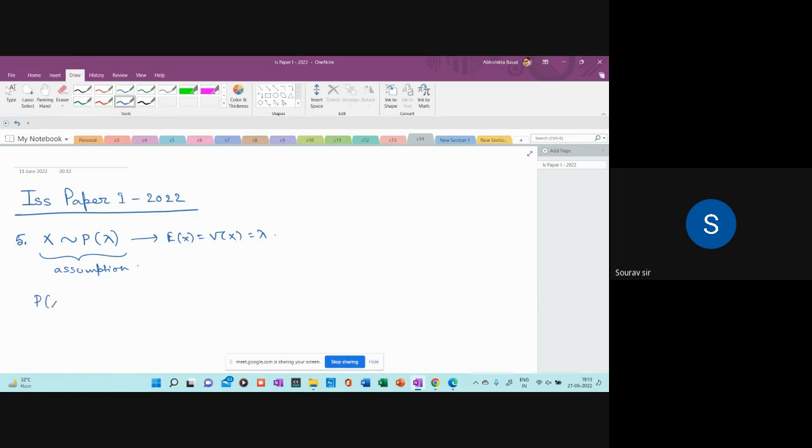is probability x equals 1 is equal to probability x equals 2. So we are going to solve e to the power minus lambda, lambda to the power 1 by 1 factorial is equal to e to the power minus lambda, lambda square by 2 factorial.